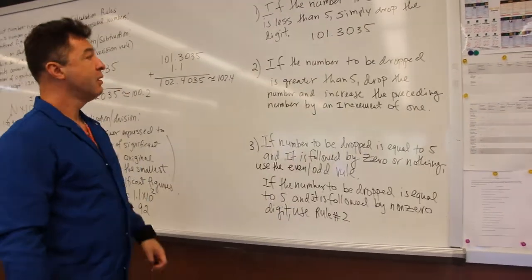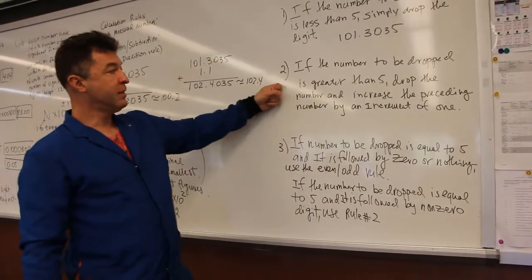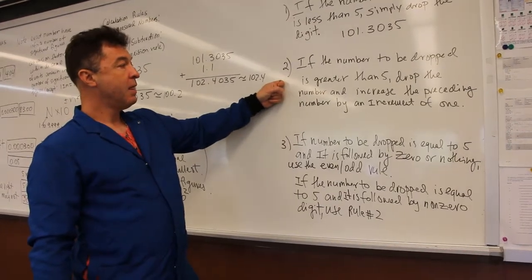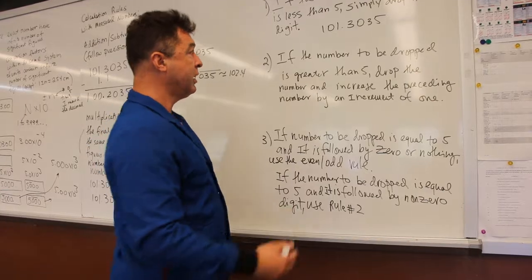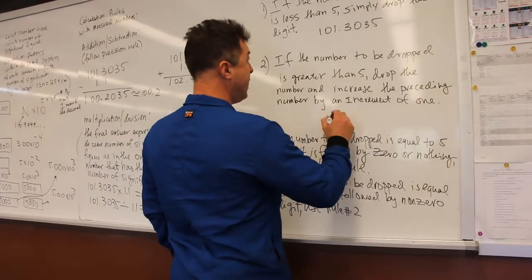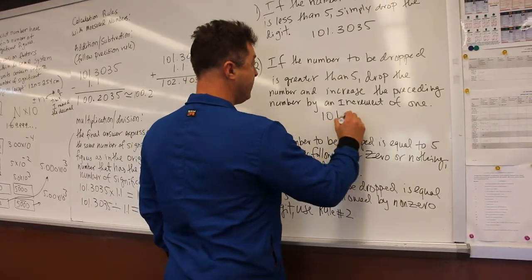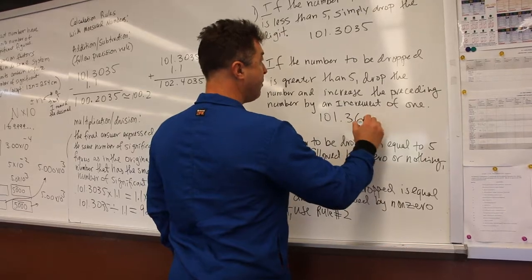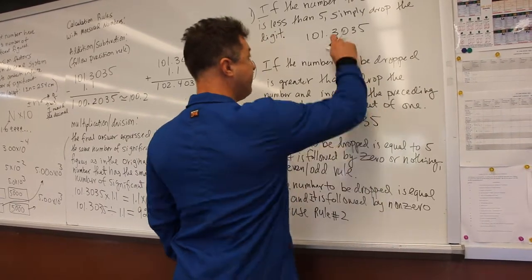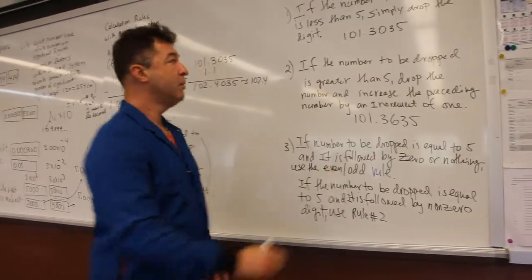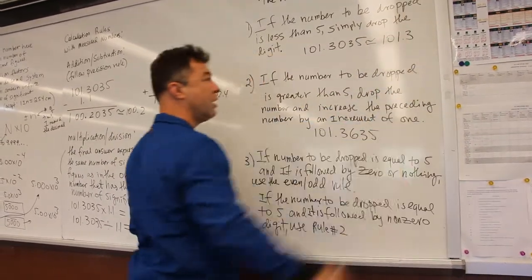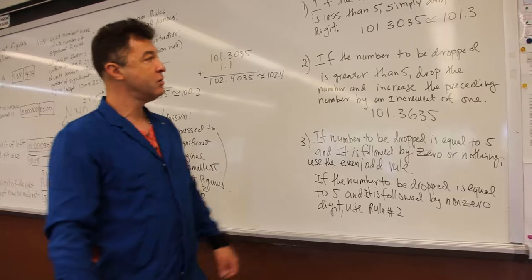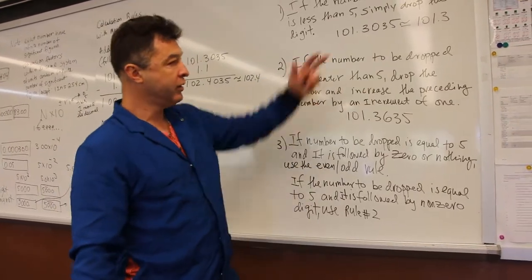Now, rule number 2 here. If the number is greater than 5, then I need to drop. Let me make up a similar number, but instead of the 0, I'm going to put a 6 in here. And by the way, let me round it off, 101.3 here, that I just dropped the 0 here and all the other numbers.